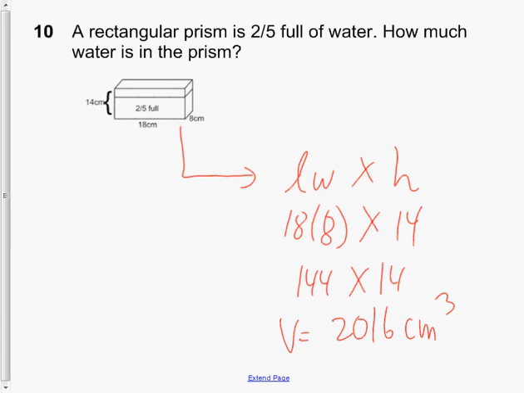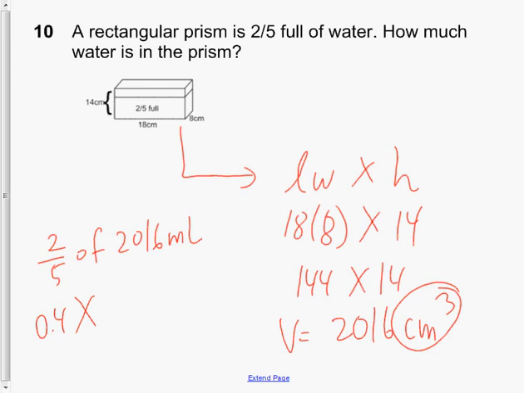But this is only 2/5 full. So 2/5 of 2016, and we know that 1 cubic centimeter is a milliliter. So really, I'm looking for 2/5 of 2016 milliliters if it was full. Two ways you can do it. You can convert this to a decimal. So 2/5 is 4/10. Of is really multiplication.